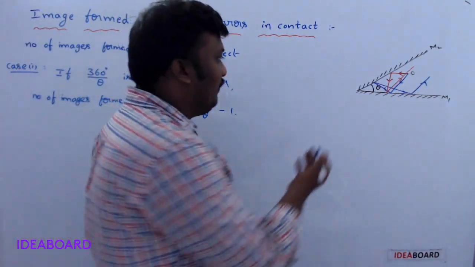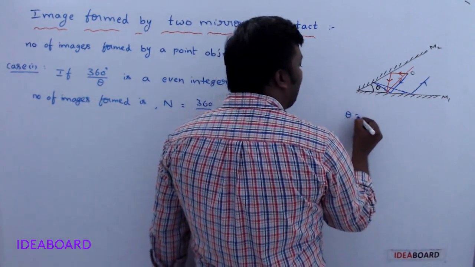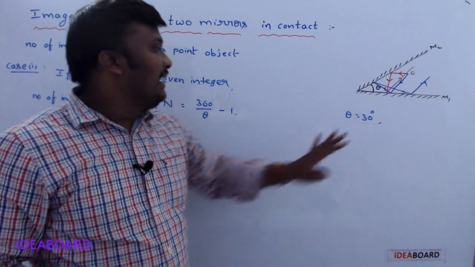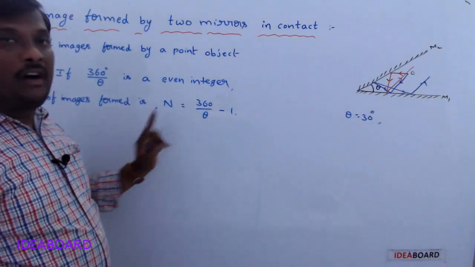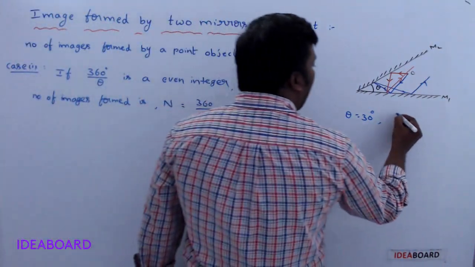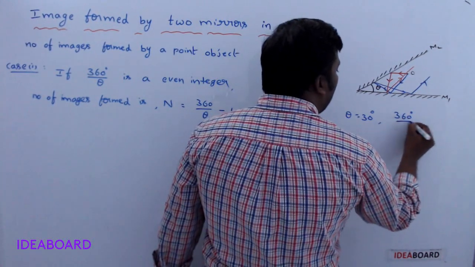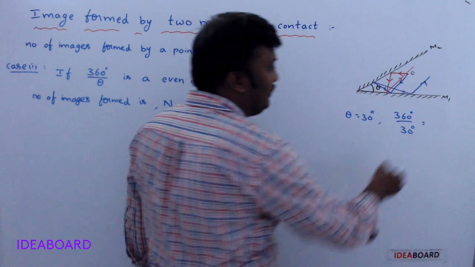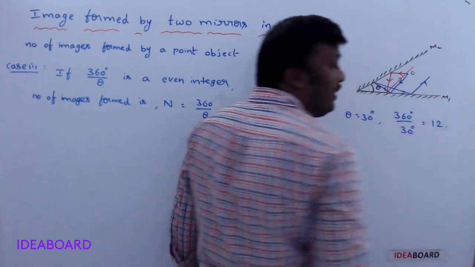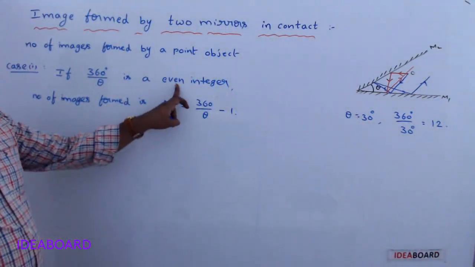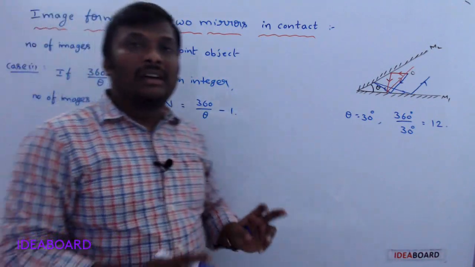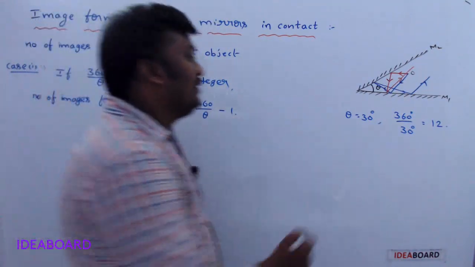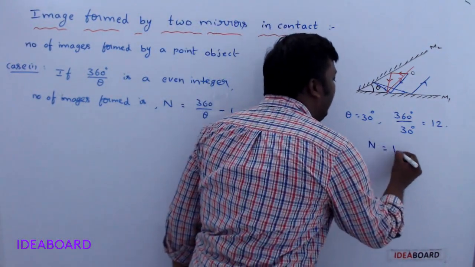Is it clear? Suppose the angle is given as 30 degrees. How many images are formed? Verify. First find 360 by theta. 360 by 30 is 12. 12 is an even number. Whenever it is an even number, the number of images is 12 minus 1, so 11 images.